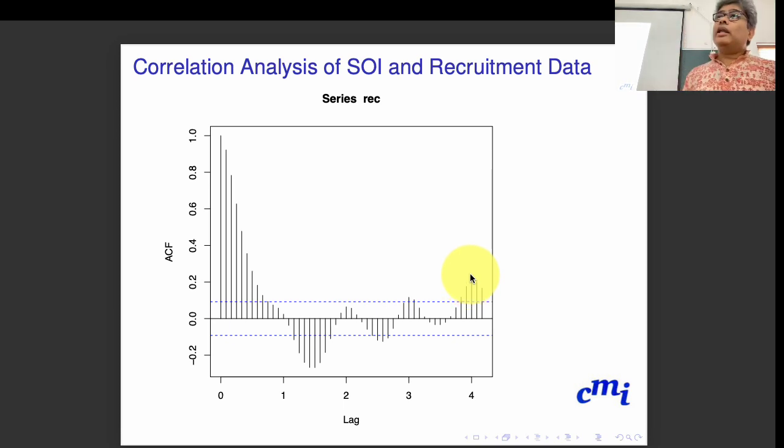So again, how to interpret these things is a bit difficult. Sometimes it will not make much sense to you. But you only hope that this analysis will help you identify a major fundamental frequency, a major fundamental pattern in your time series data, and you will be able to use these patterns to build a meaningful model.